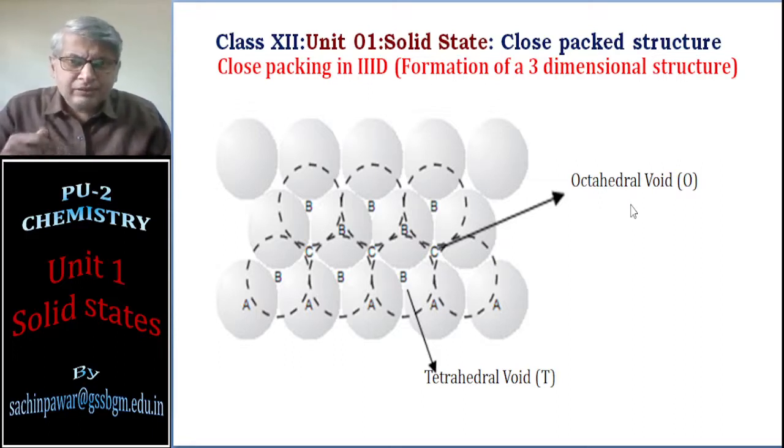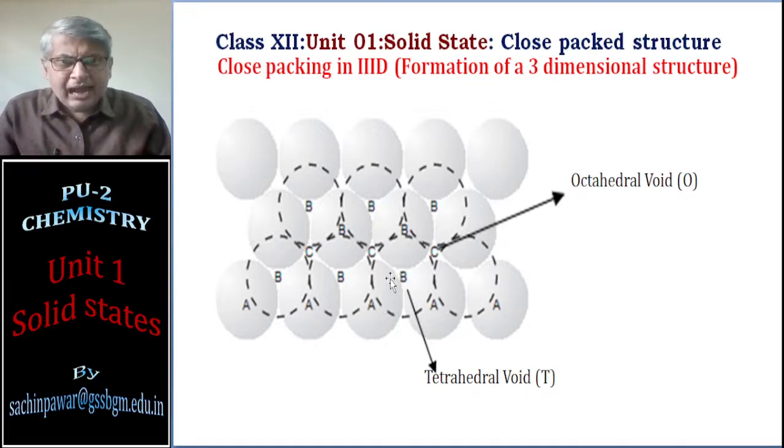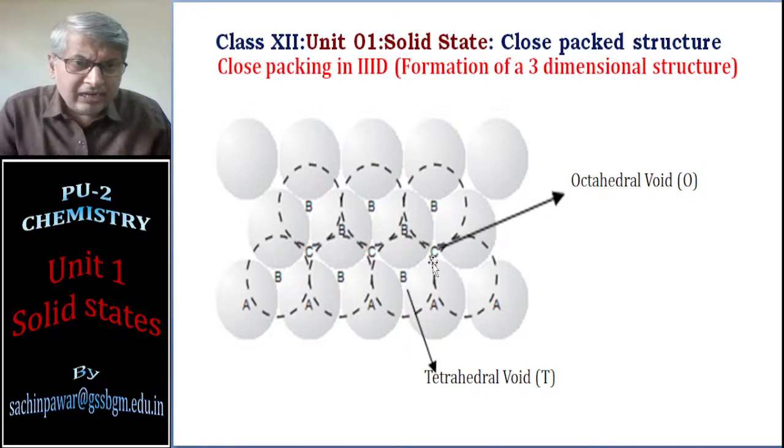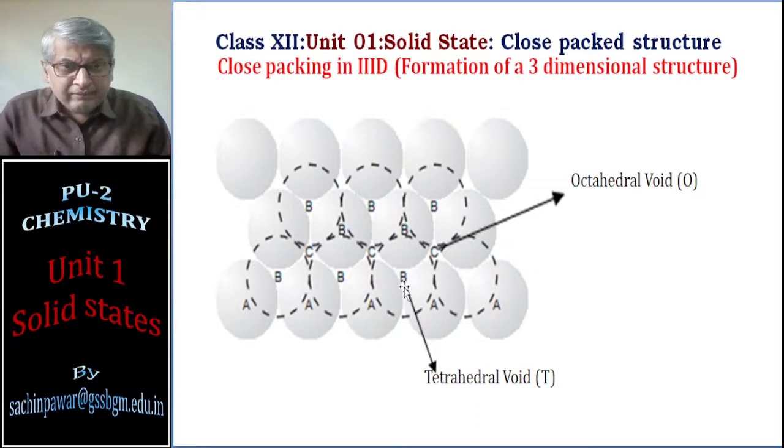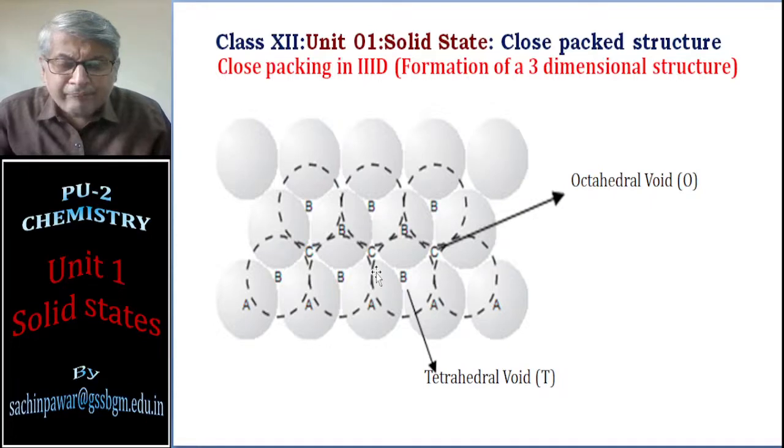So we will now place the third layer. When I want to place the third layer, I have to choose whether to place the particles on tetrahedral voids, that is on B voids, or on octahedral voids, that is C voids. If I place the particles on the tetrahedral void, the tetrahedral void between the first layer and second layer, then I cannot have a particle of the third layer on void C, that is the octahedral void.